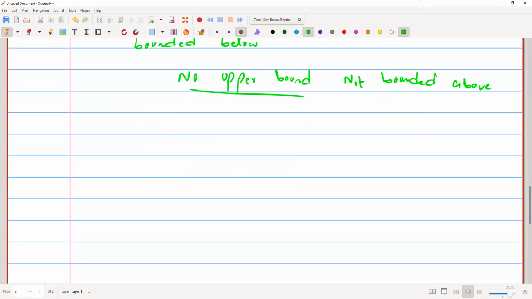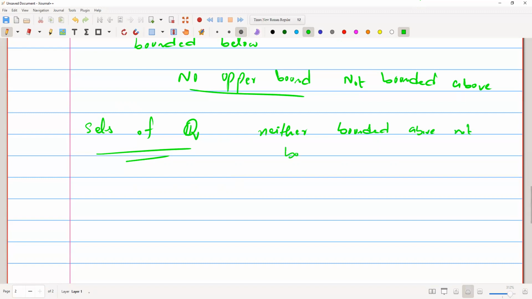And then we have the sets of rational numbers. Similar is the case with rational numbers, but in rational numbers there is no bound. These are neither bounded above nor bounded below.